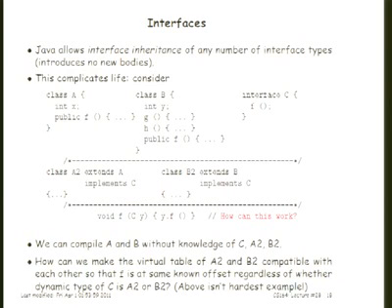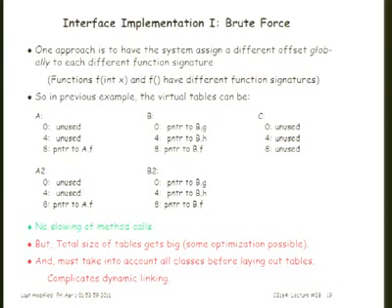Now, the implementation that I actually like, although it has its downside, is brute force. You say, oh, the heck with it. I'm going to put off deciding where to put the methods in their tables until the compiler or the linker or something has available all of the source files that are going to go into the final program.